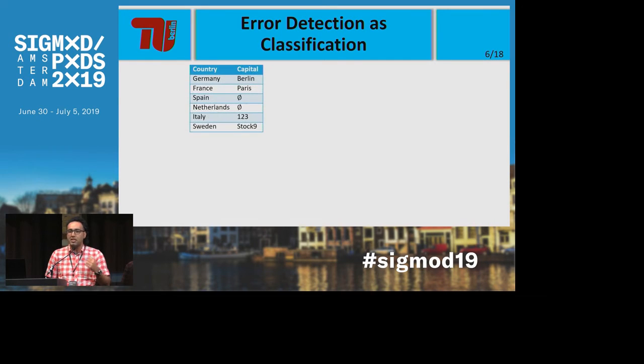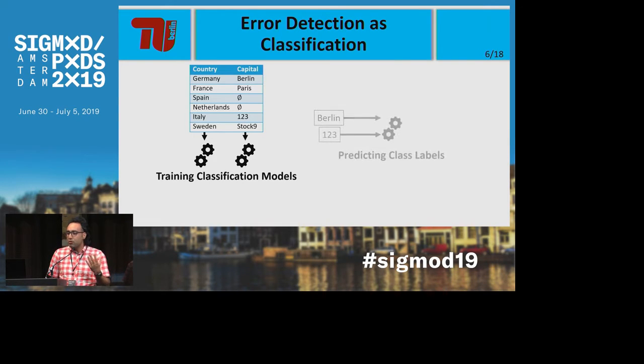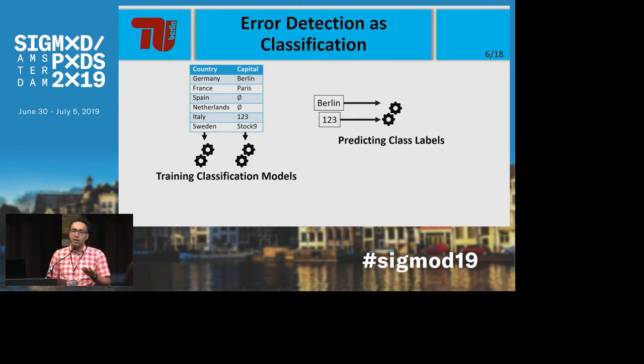Given a data set like that, our goal is to train a classification model per data column. We do it per data column because data values are comparable inside their domain. So the goal is using these classifiers later to predict the labels of data values. We want to predict, for example, here Berlin is the correct value, but 1, 2, 3 is not a correct capital in our data set.